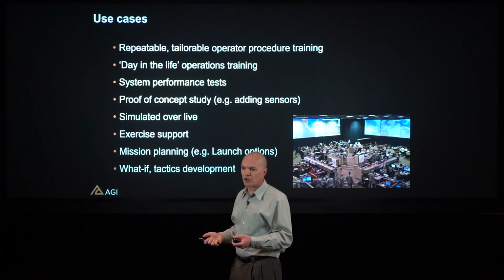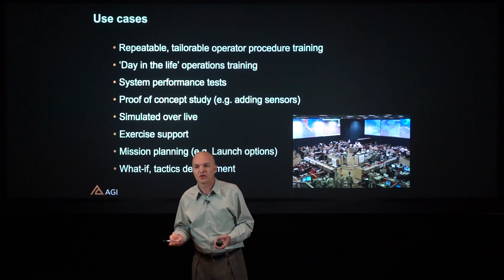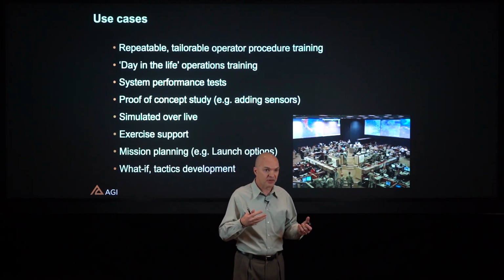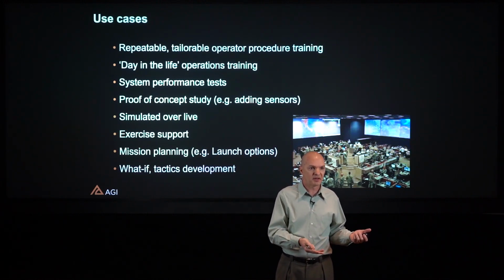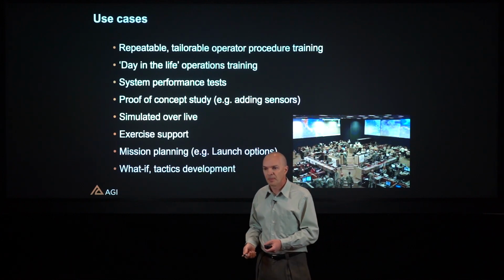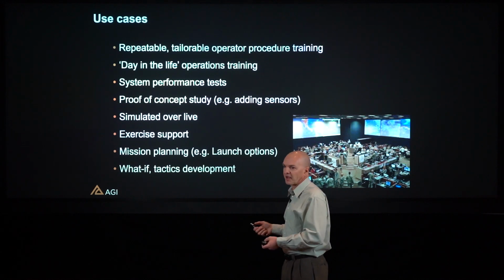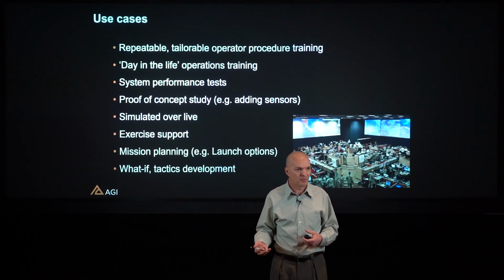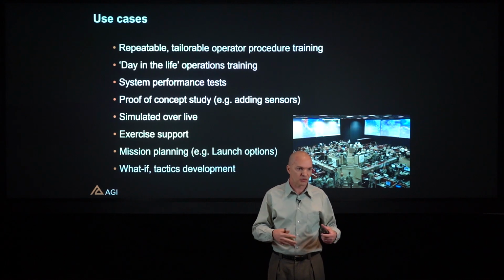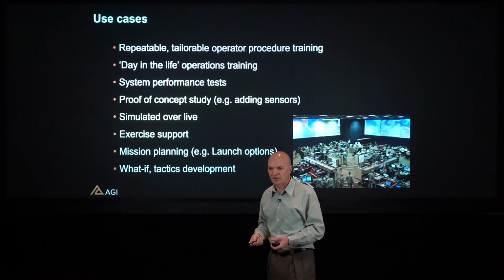This could be something like you load in observations in batches to test your orbit determination process, and compare the OD results that you get from your process with the truth ephemeris that SEG has generated. A proof of concept study might be something like adding more sensors into your scenario and seeing what objects are tracked more with those sensors and how your OD changes as a result.